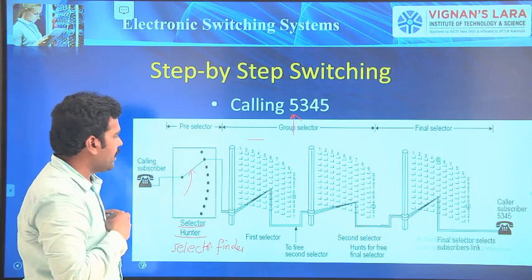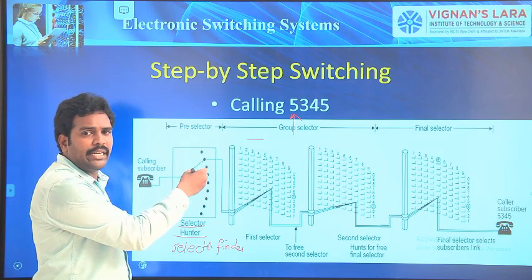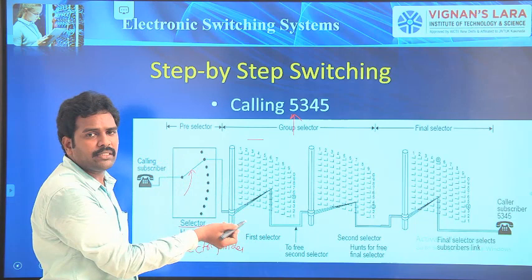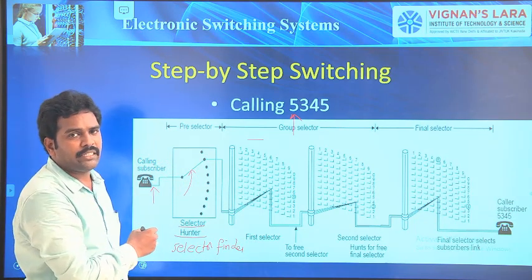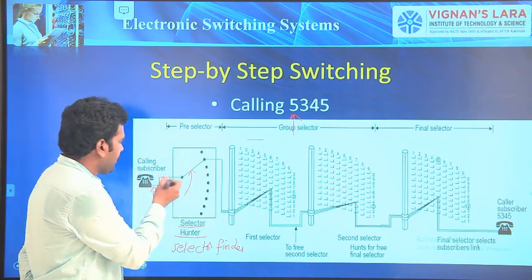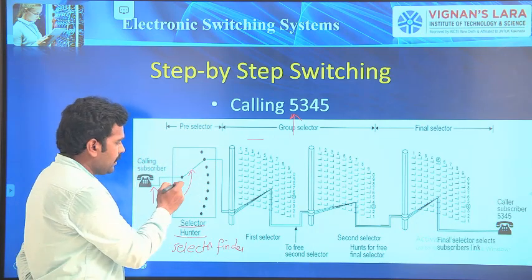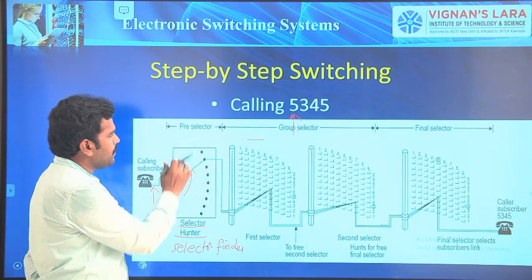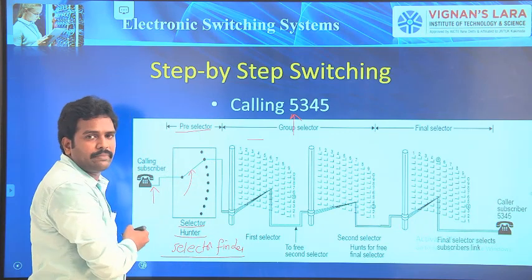Whenever it obtains one free outlet, only then can it establish a connection between the calling and called subscriber. Otherwise, this user's call is not connected. The first point is that whenever the calling subscriber lifts his telephone set, this wiper hunts for a free outlet. This mechanism is called a pre-selector, or also a selector finder.